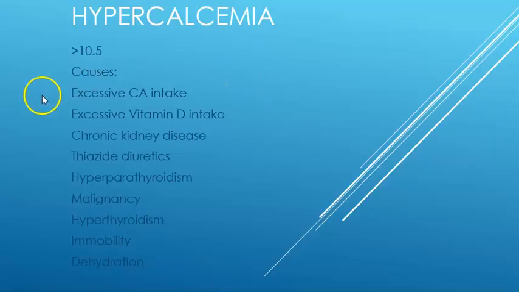Hypercalcemia, you're going to see this with increased intake of calcium as well as increased intake of vitamin D. You'll see hypercalcemia a lot in chronic kidney disease patients, cancer patients, and immobility patients.